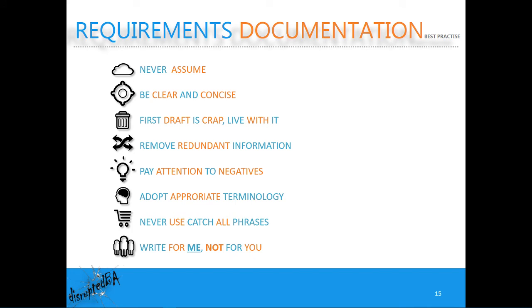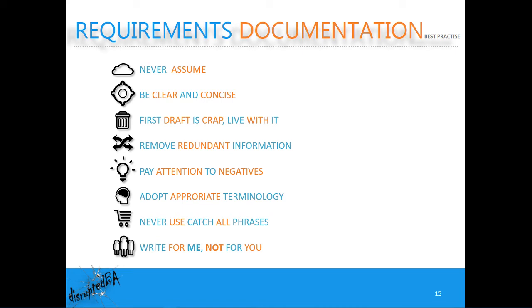And then lastly, but very importantly, write your document for me, not for you. What I mean by this is, if you write a specification or any document, you must write it in a way that your audience will understand. We all have a way of thinking and interpreting, and it's all different.